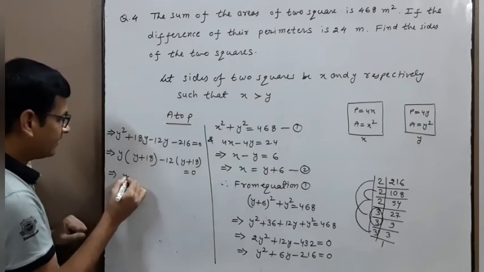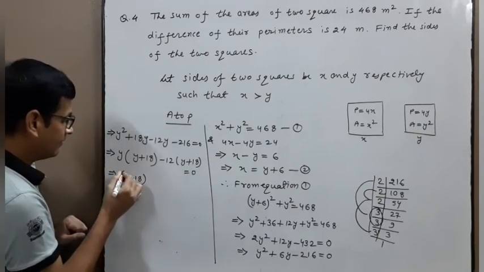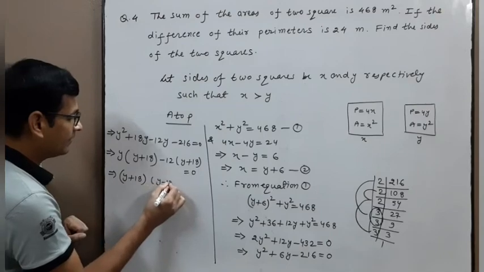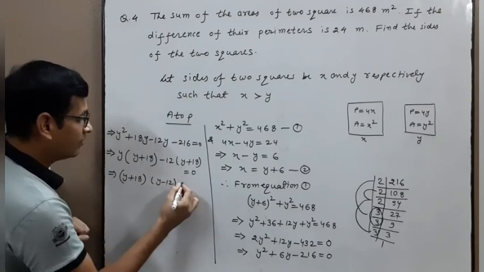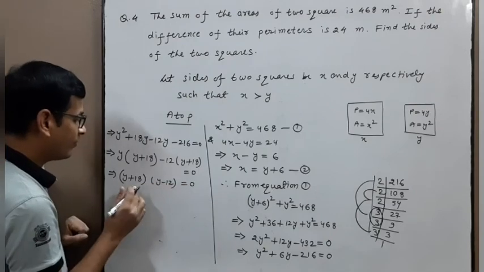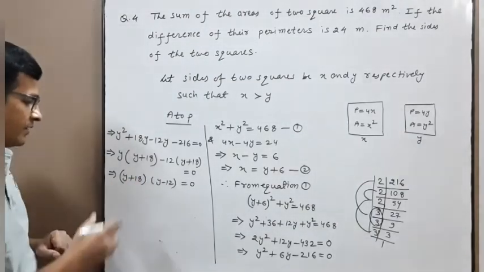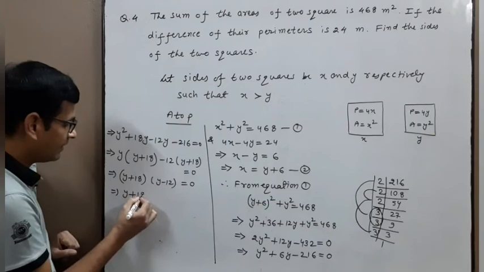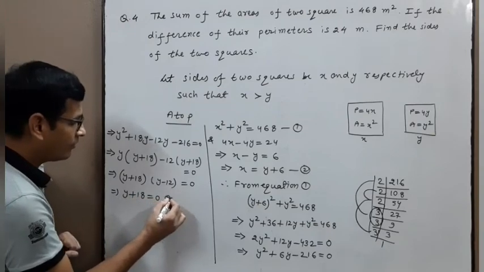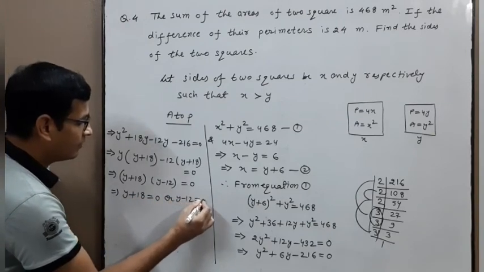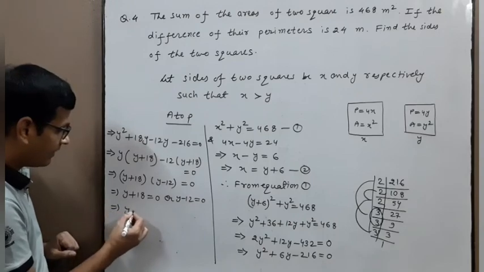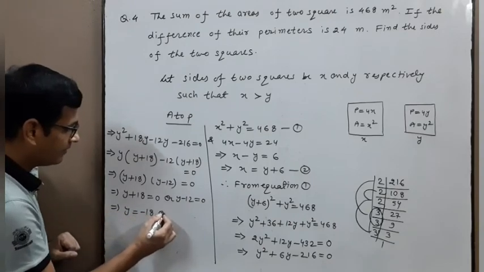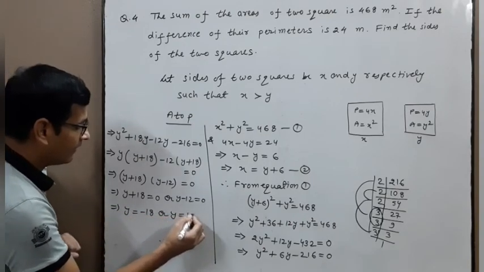Again y plus 18 common, so we get y minus 12 is equal to 0. A product of two numbers equal to 0, so either y plus 18 equals 0 or y minus 12 equals 0. So y equals minus 18 or y equals 12.